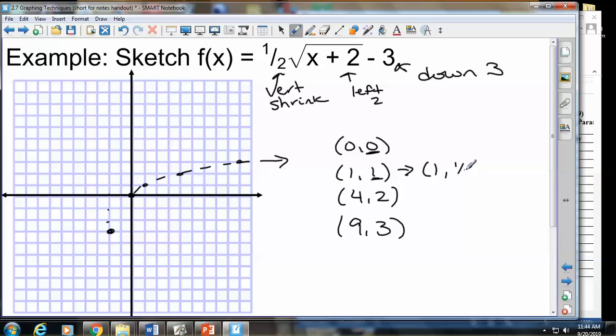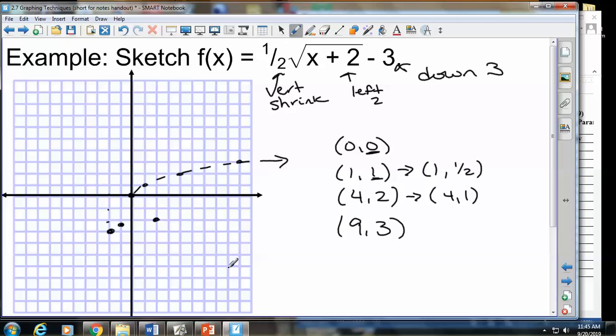So 1, 1. If you multiply your y times 1/2, you get 1, 1/2. So you're here. Then you go left 2, down 3. Or 2. If you take your y times 1/2, that gives you 4, 1.